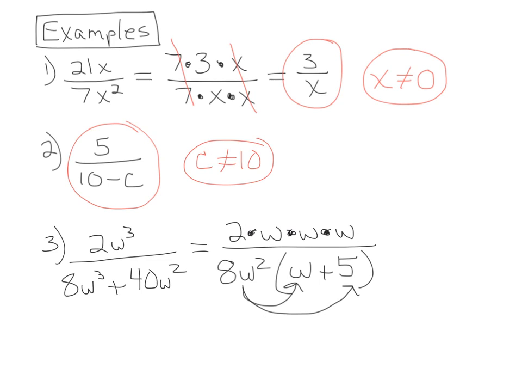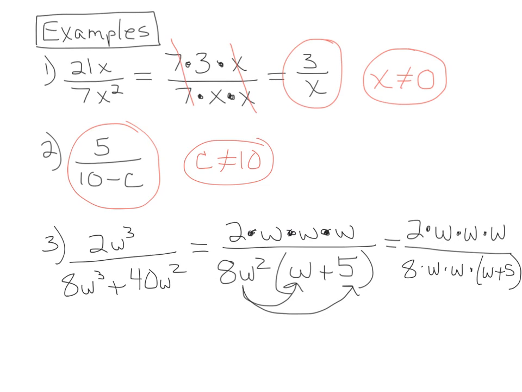Okay, you can rewrite, all right, let's leave the numerator, 2 times w times w times w, and underneath we could write 8w squared as 8 times w, and then times w plus 5.